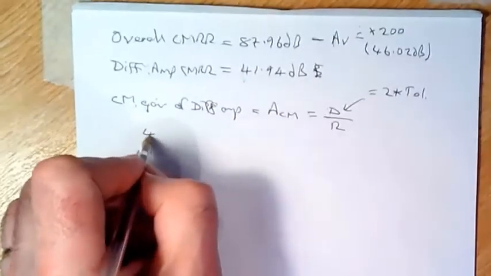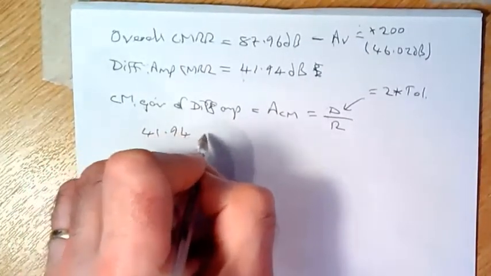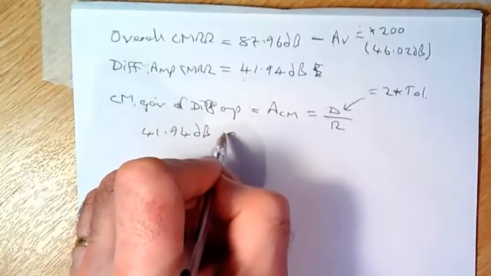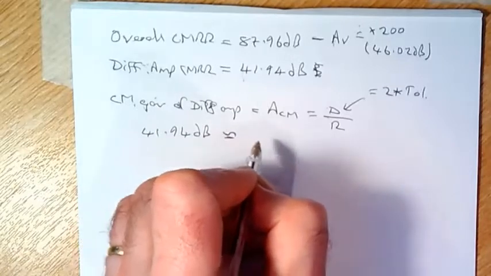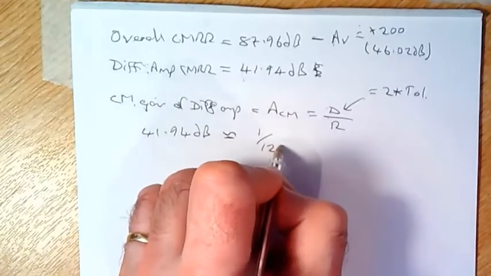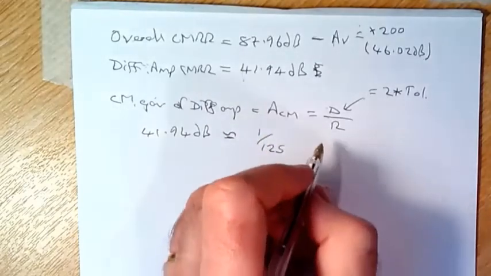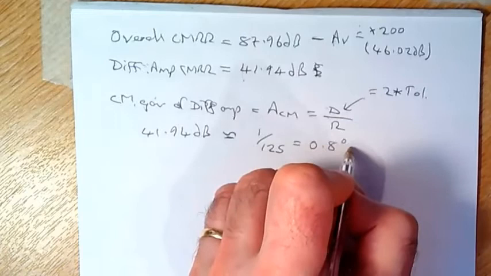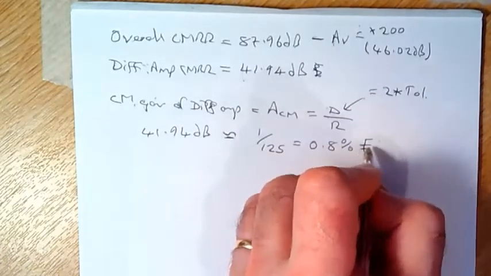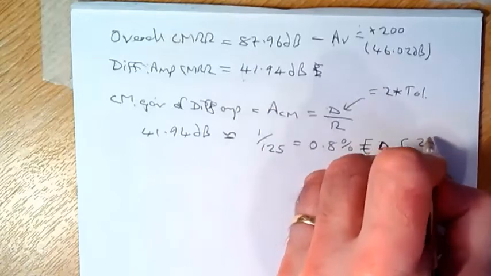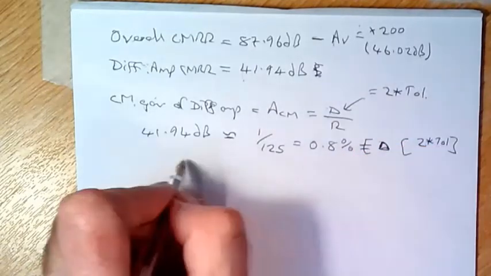So 41.94 dB is approximately 1 over 125, which equals 0.8%, which equals delta, 2 times tolerance.